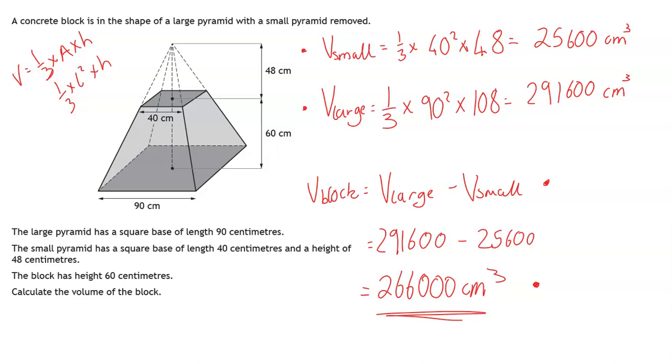So there's a couple of little intricate bits in there that you have to make sure you remember. There's a little bit more digging in this question than there was in some of the previous ones. But the techniques used are the same as what we've done previously when it comes to volumes. The techniques are the same as previously when it comes to units. The techniques of compound shapes are the same, i.e. big one take away the small one. All of that theory behind it is the same.